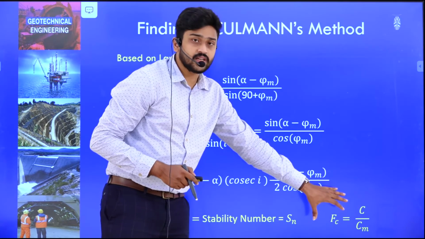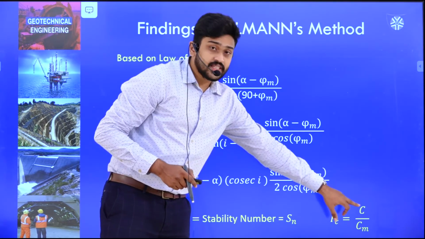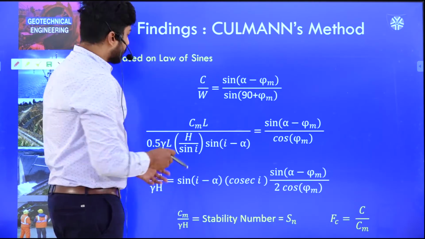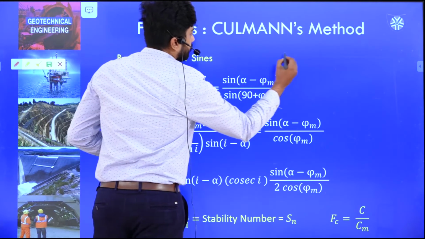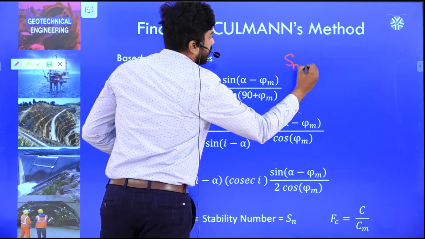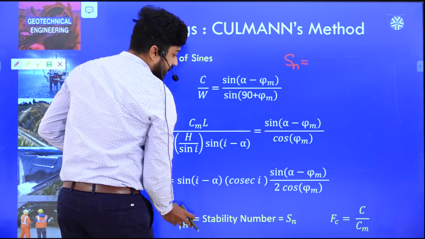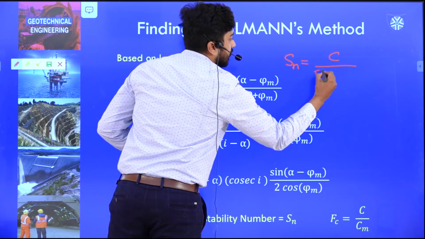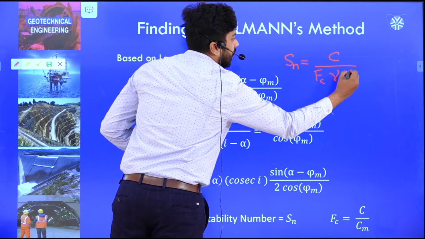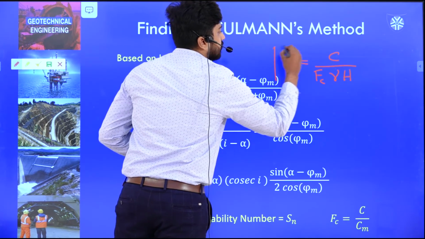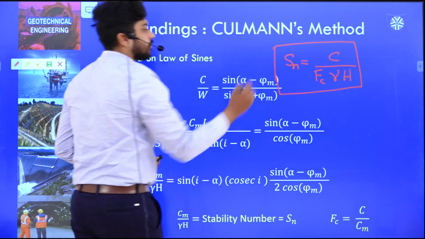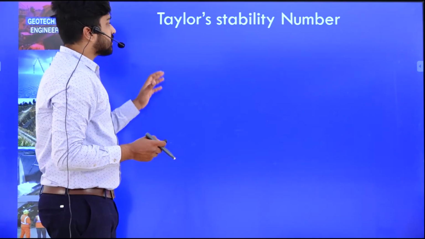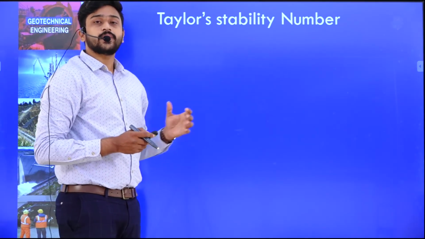If you substitute it here in this equation, your Sn will now become C by Fc into gamma H. This is the stability number which we have obtained. So now let us try to understand what we mean by this Taylor stability number.